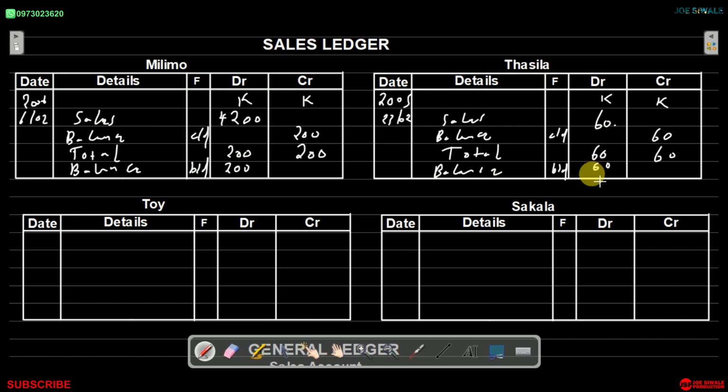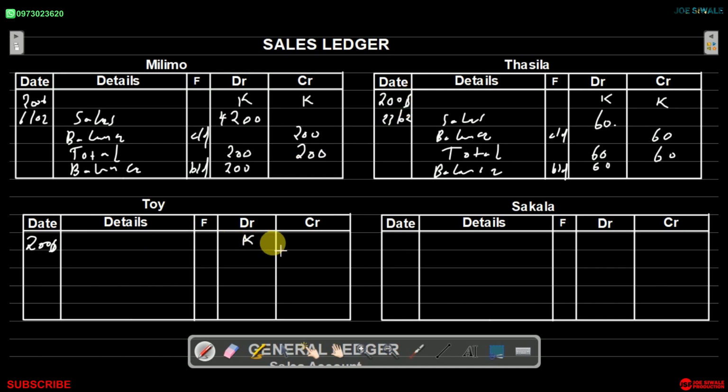Let us look at the other customer. The other customer that we have is Toy. So if we look at the transaction for Toy in the sales daybook, it only appears once. That means that we're going to only show one transaction. And to do that, we're going to write down our year to 2006. So our year is 2006. Take note that the year in Siwale there is 2006. So we have our kwacha there.